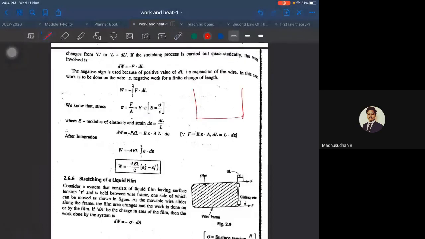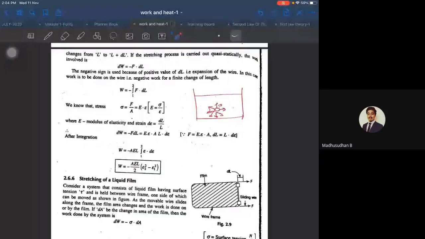So this is a water bath like this. In this particular molecule which I have drawn here, it is attracted evenly by all the molecules around it. That means the forces experienced are evenly distributed. This molecule is attracted evenly across its boundaries, so it experiences no resultant force.